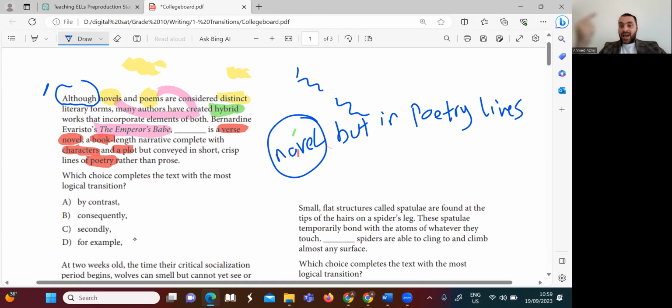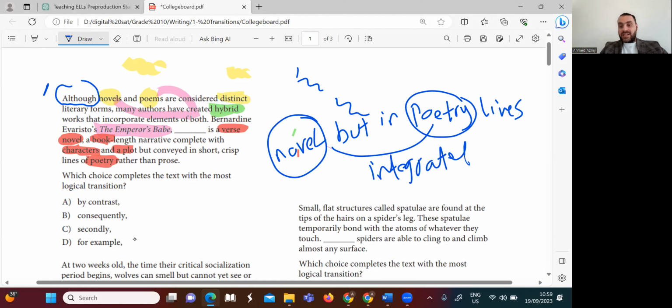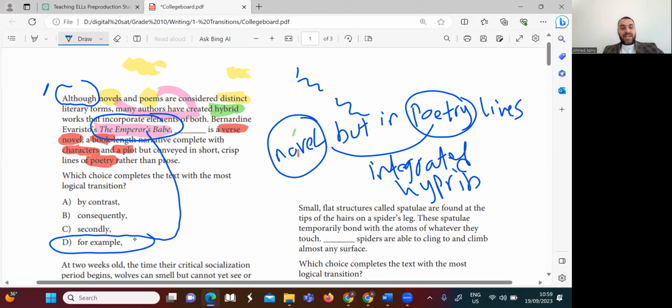Novel, plot, and character, but in poetry lines. They are integrated. They are hybrid. Okay, and here I have a proper noun. So this is what? An example. He gave me an example and it's a proper noun.